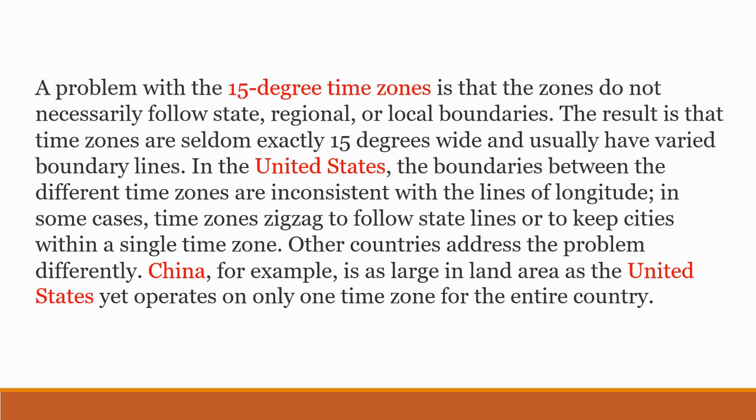In some cases, time zones zigzag to follow state lines or to keep cities within a single time zone. Other countries address the problem differently. China, for example, is as large in land area as the United States, yet operates on only one time zone for the entire country.